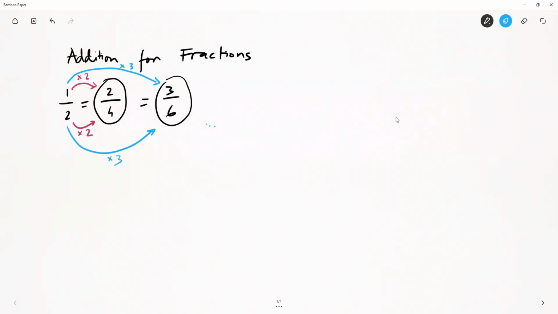Now, of course, we can push this a little bit further. We try to ask if they can get another proof, or how to show that, let's say, 1/3 equals 2 on 6.